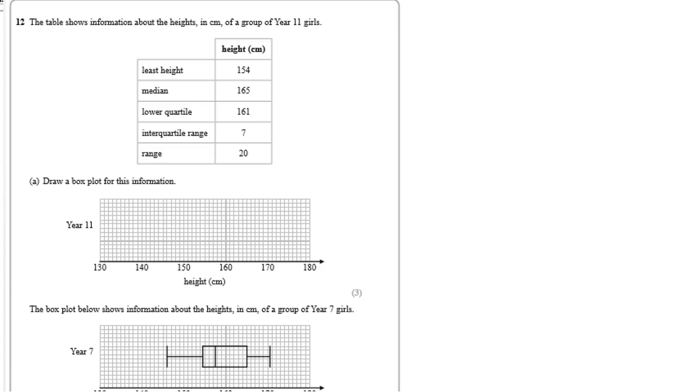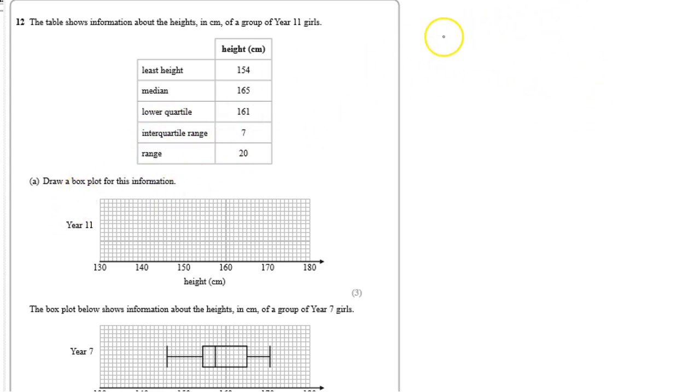Question number 12. The table shows information about the heights in centimeters of a group of year 11 girls. Least height 154, median, lower quartile, interquartile range, and the range.